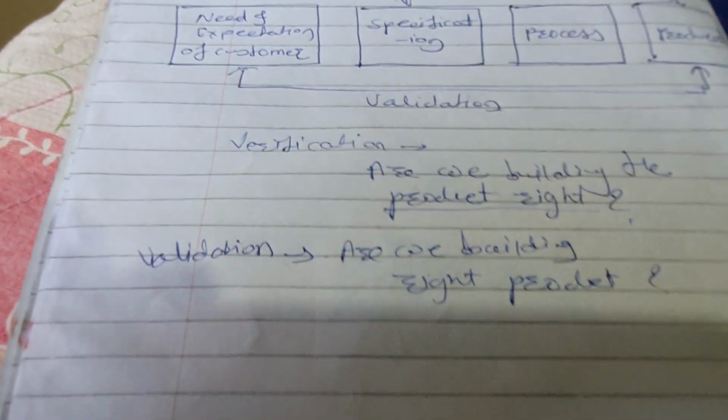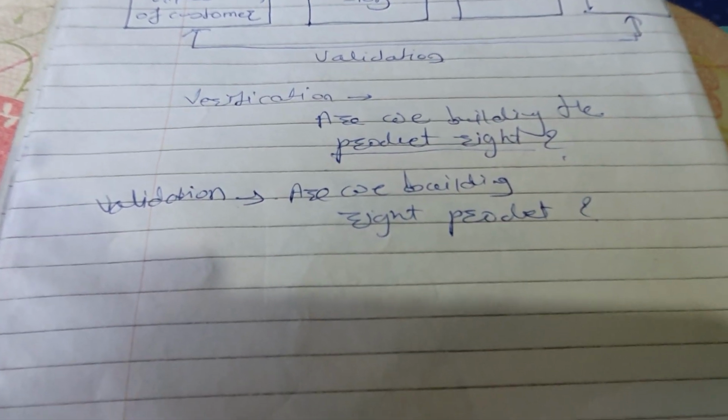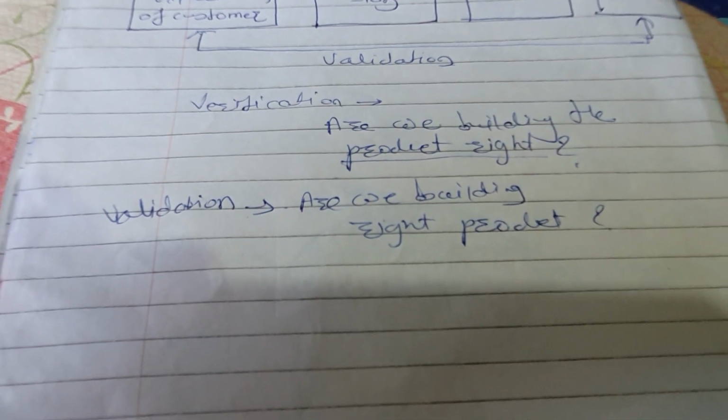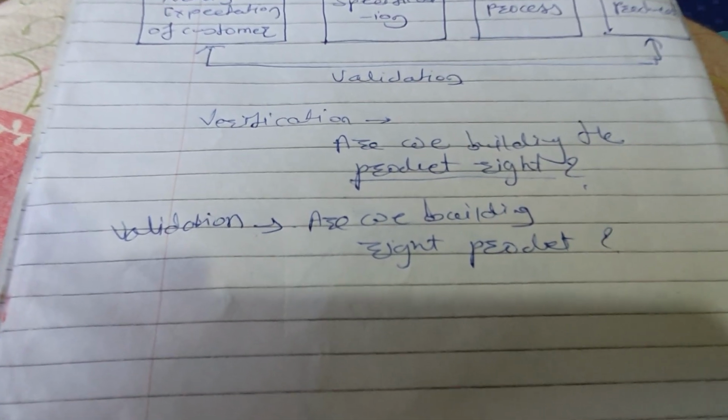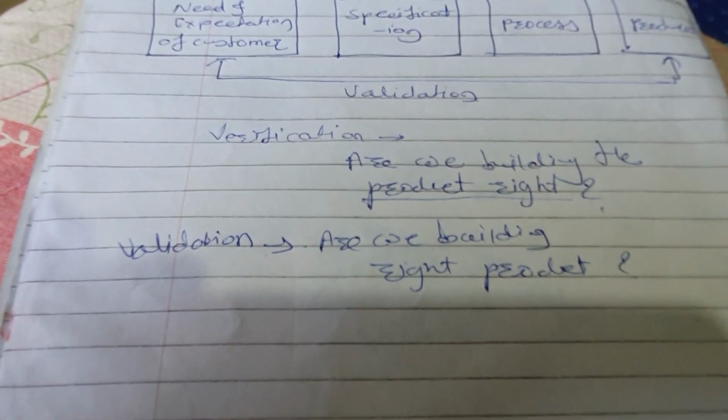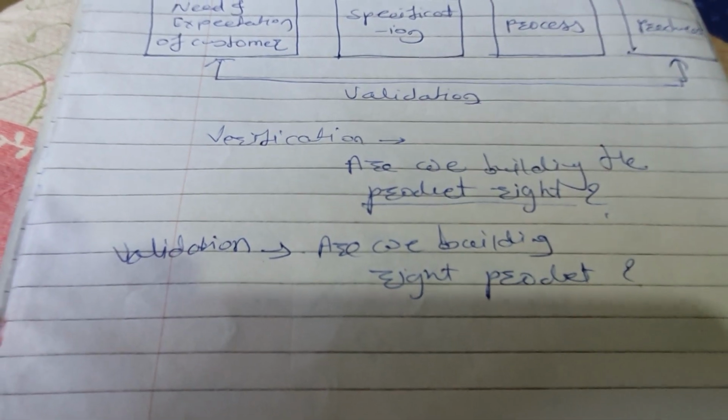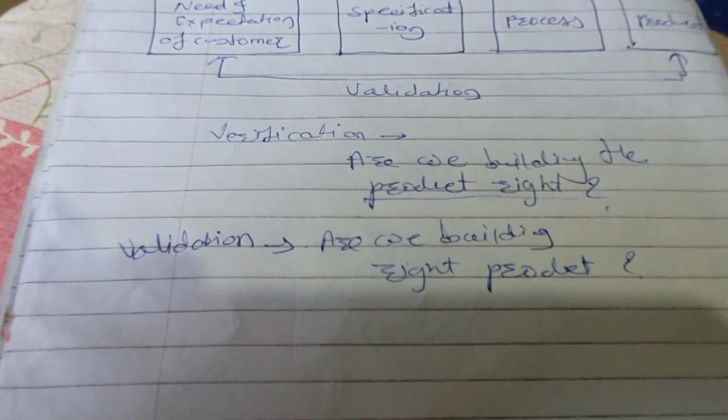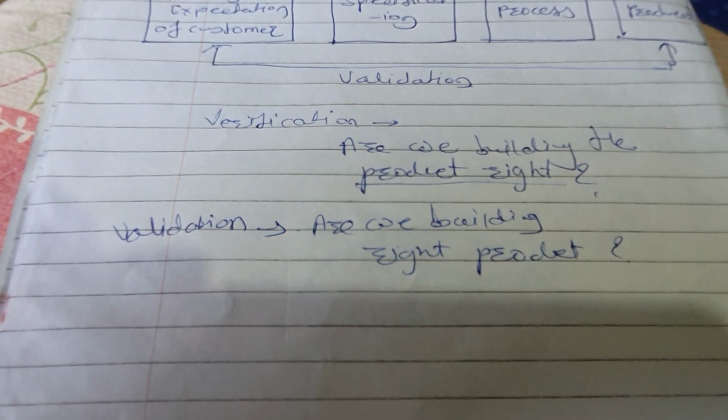And now, what is validation? Validation means, are we building the right product? Whatever product you design, is this product 100% right or not? To validate, to check, to verify that is called validation.